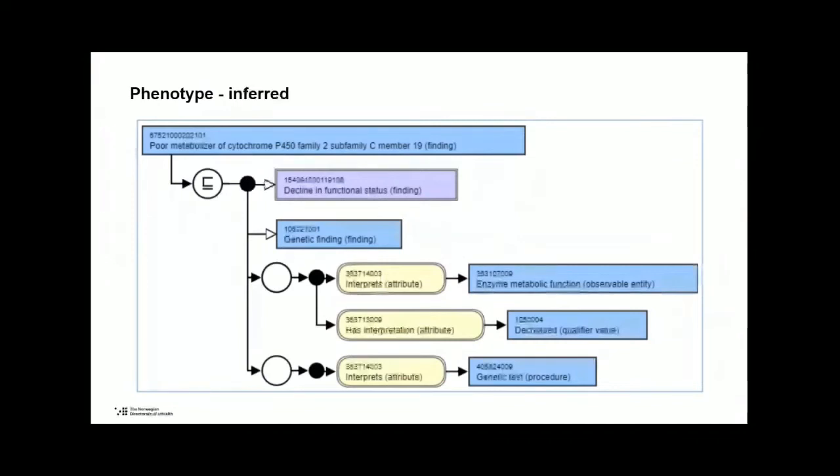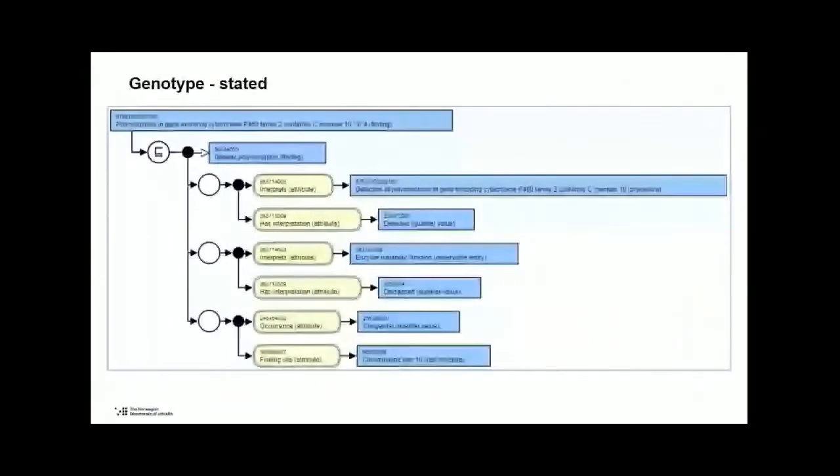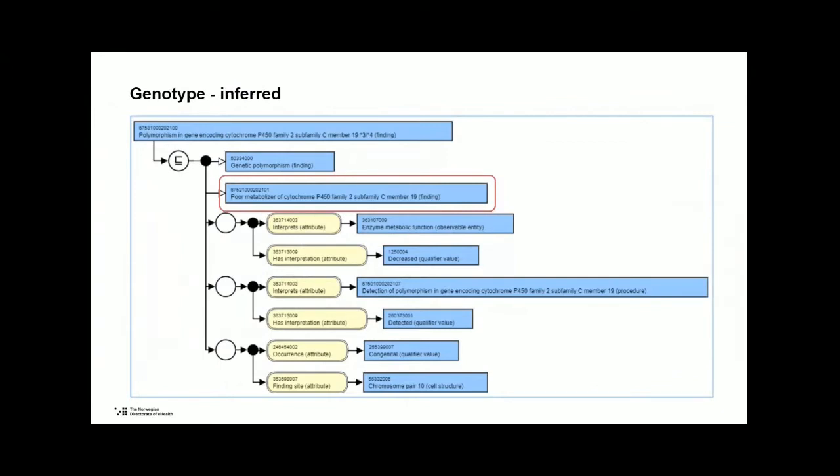And when we go through the genotype, this is the stated definition, and the parent is as we put it, and then the relationship axioms that we also added are present, but when it is inferred, it gains the parent of the phenotype that we stated with the same axioms in a GCI.